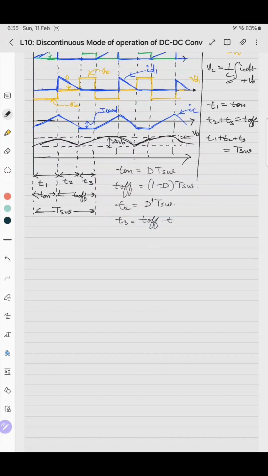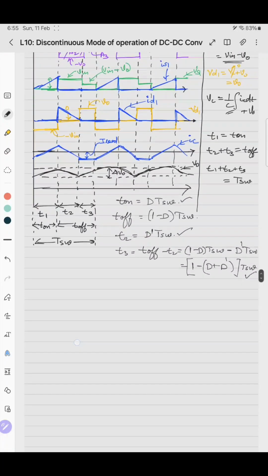T off minus T2, which is 1 minus D into T switching minus D dash into T switching, which will be 1 minus D plus D dash into T switching. Like this I have mentioned. This is T3 time. T1 is this, T2 is this, and T3 is this.